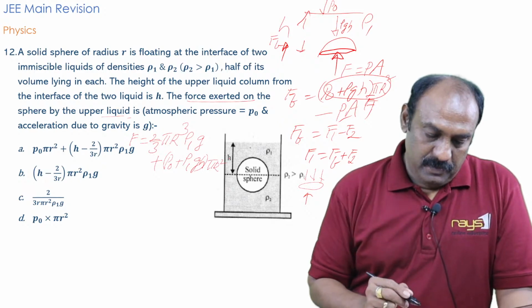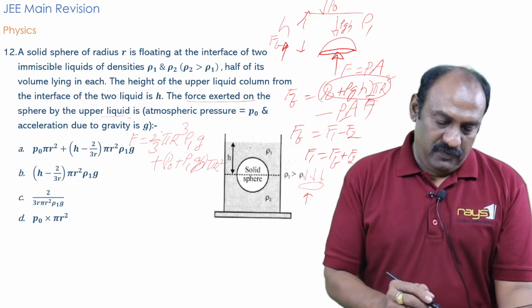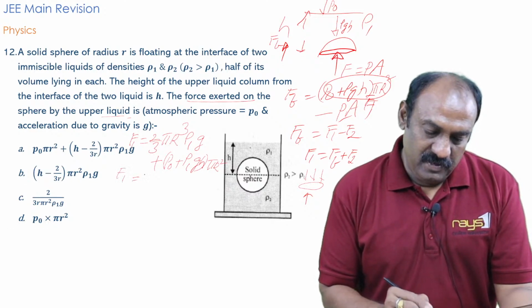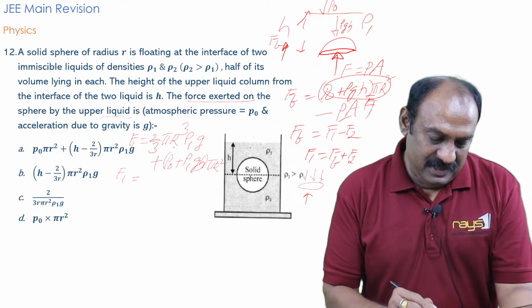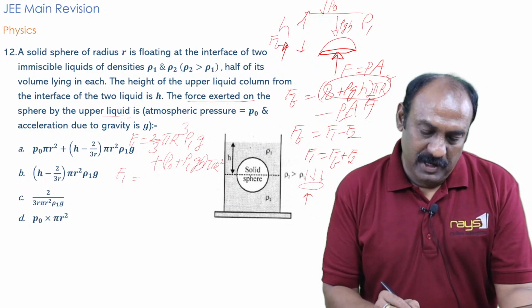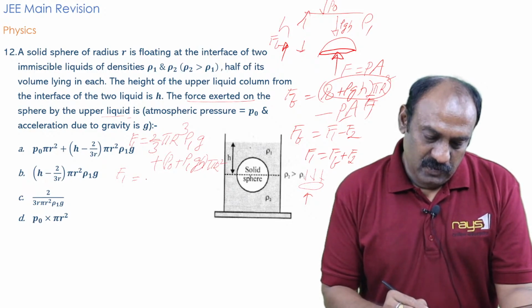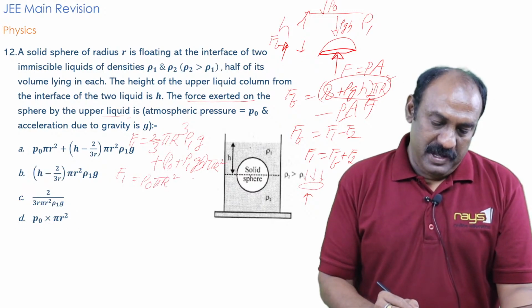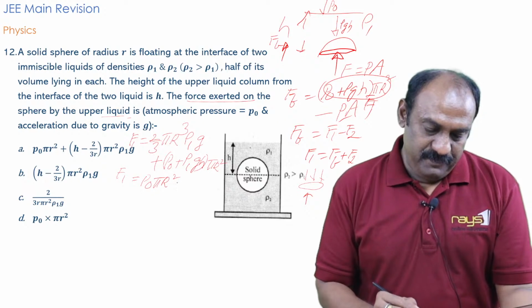So, from this is the force here. Therefore, F1 is equal to P naught into pi r square plus 2 by 3 pi r cubed.